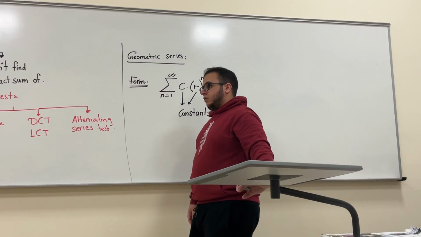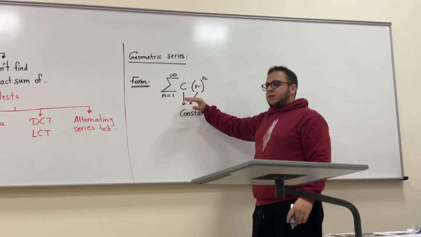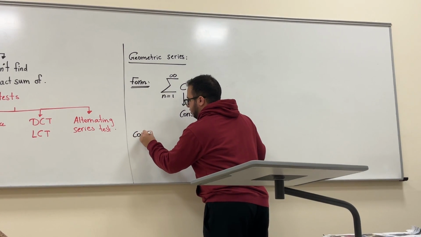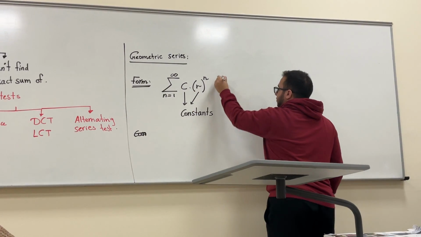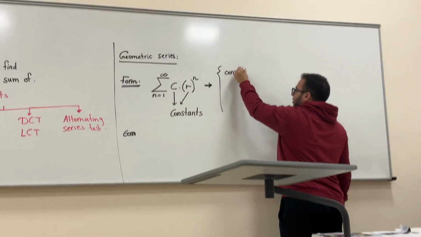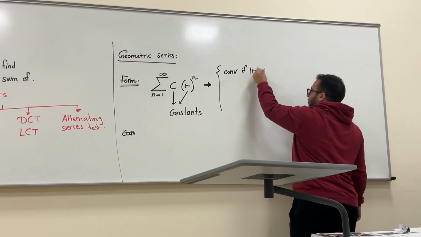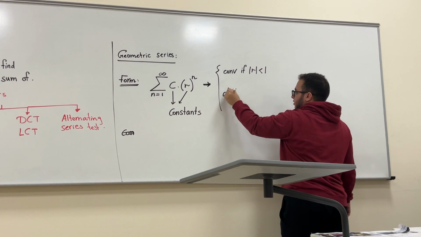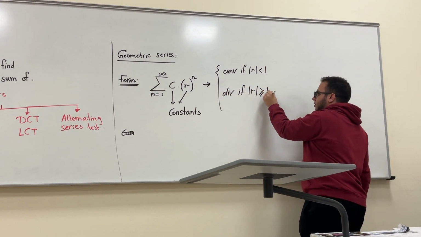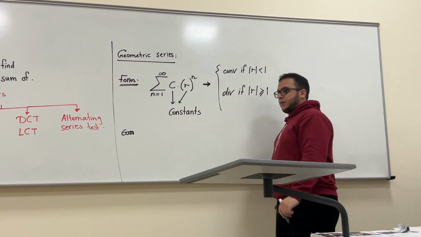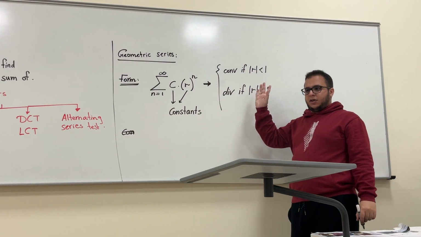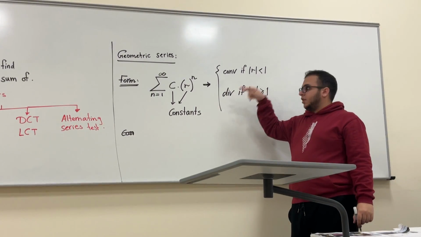Alright. So I can know when a geometric series converges. When does a geometric series converge? This converges if the absolute value of R is less than 1, and diverges if the absolute value of R is larger than or equal to 1. Okay? If it diverges, the sum is like infinity or something, so we don't care about this.